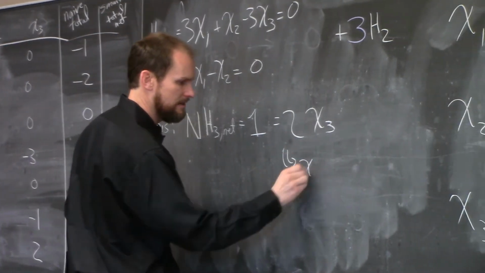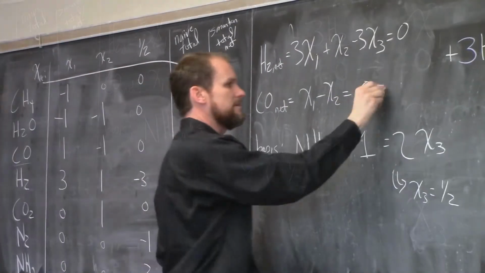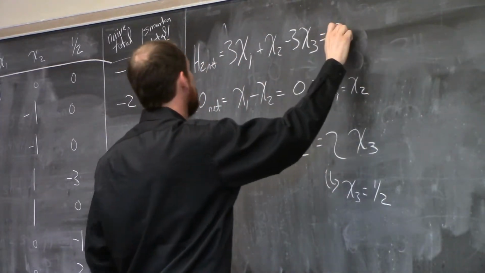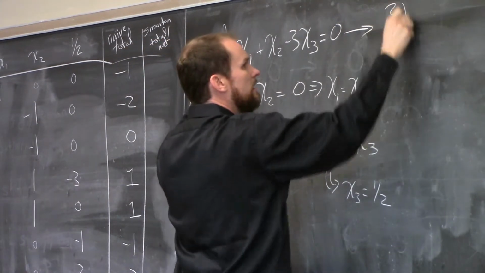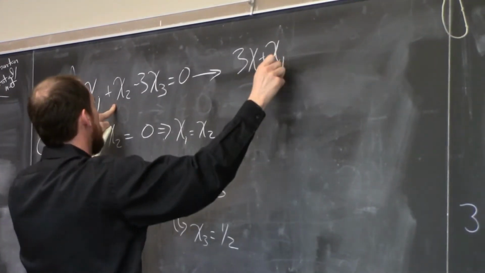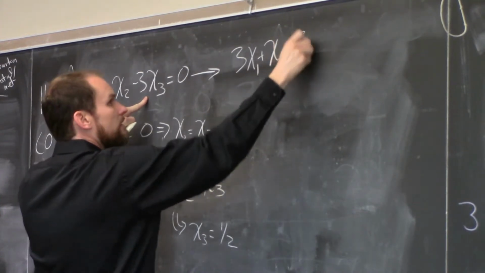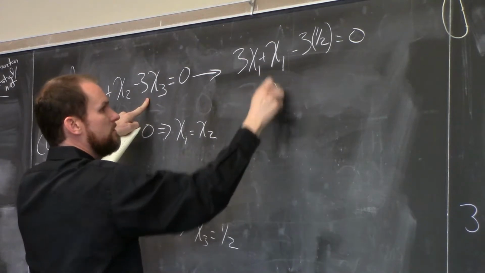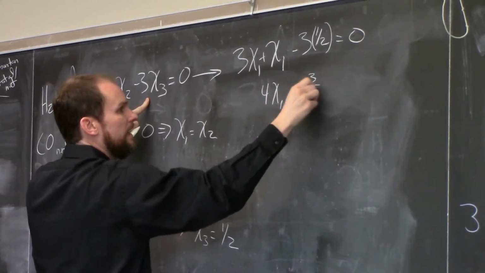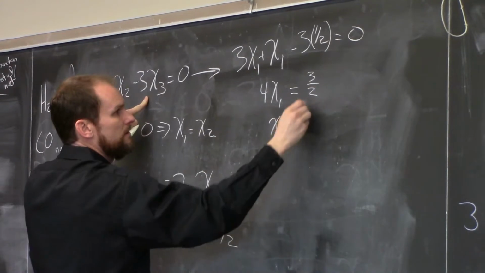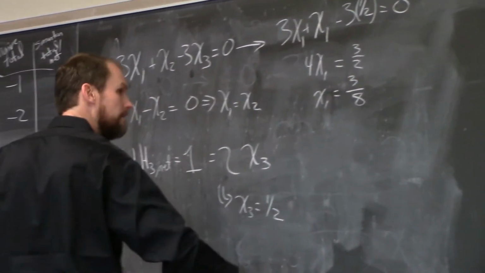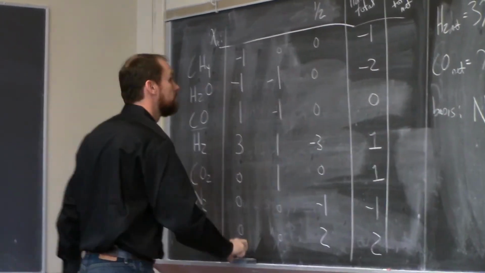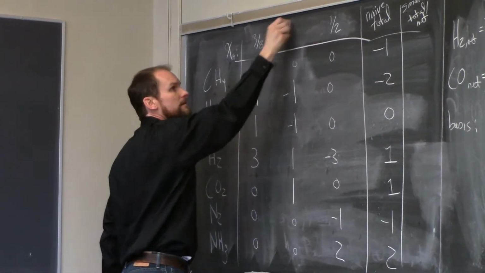So that tells me chi 3 is 1/2. This tells me chi 1 equals chi 2. And then the first equation: 3 chi 1 plus chi 1 minus 3 times 1/2 equals 0. I've got 4 chi 1 equals 3/2. Chi 1 equals 3/8, and chi 2 will equal the same thing.